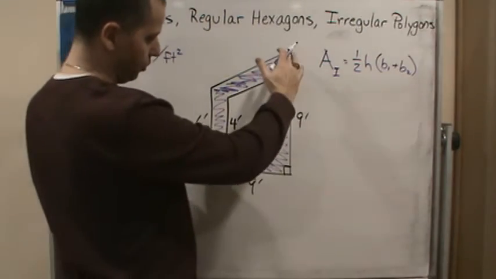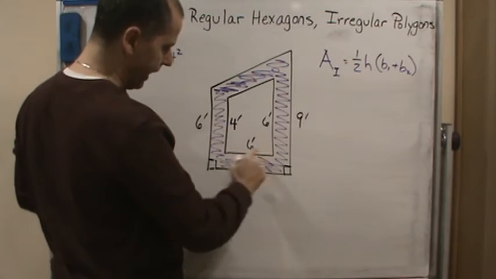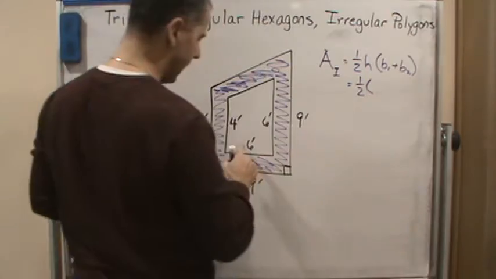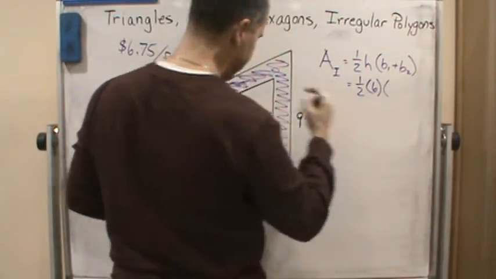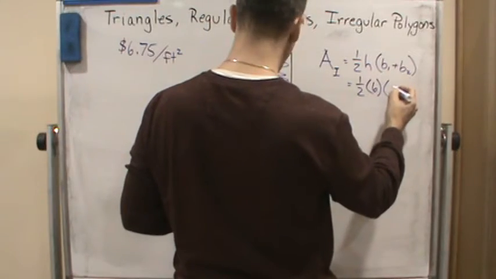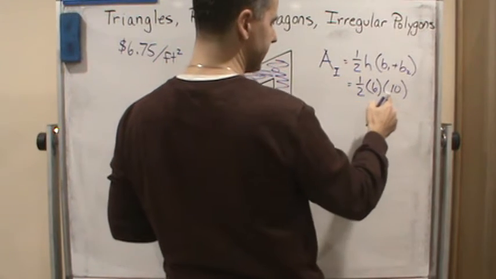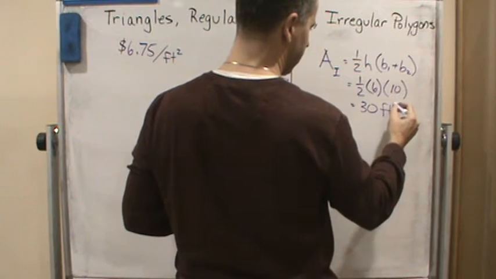You've got to turn it 90 degrees. This is the height. So this is going to be one half times the height, which is 6 feet, and the bases are 4 and 6. So you add the bases, which gives you 10. You take one half of 6 times 10, which is 30. So this is going to be 30 square feet.